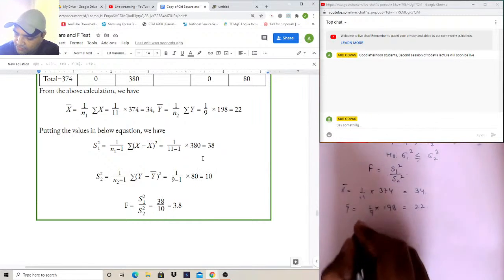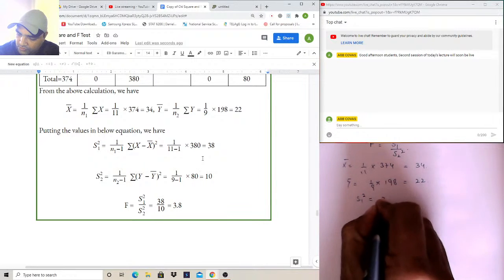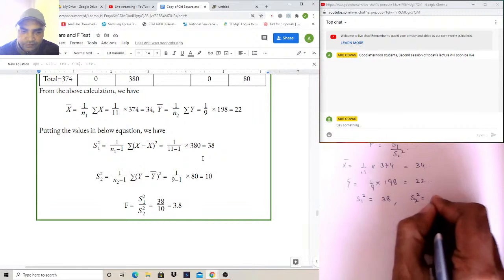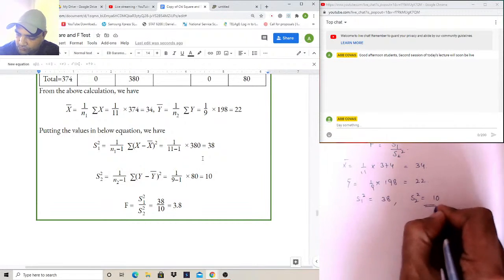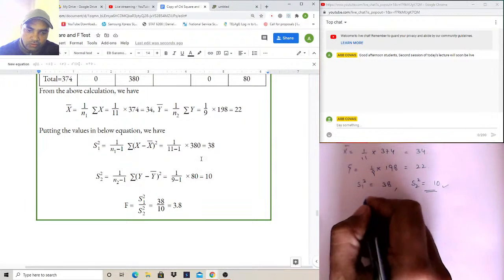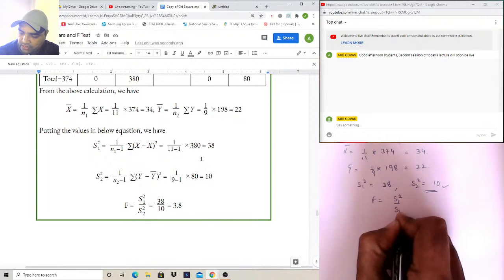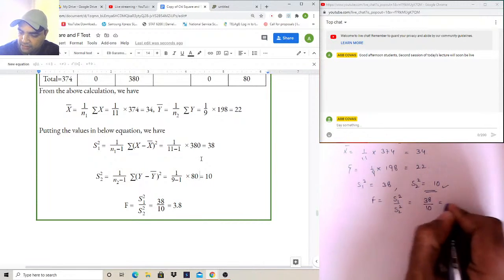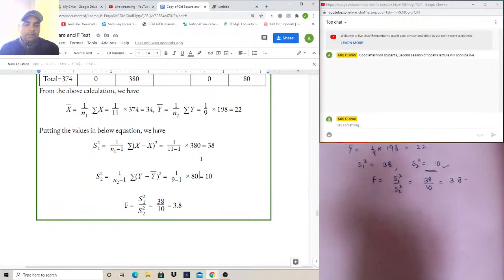So your S1 square is equal to 38, and your S2 square is equal to 10. Your F value, S1 square upon S2 square, will be 38 upon 10, equal to 3.8.